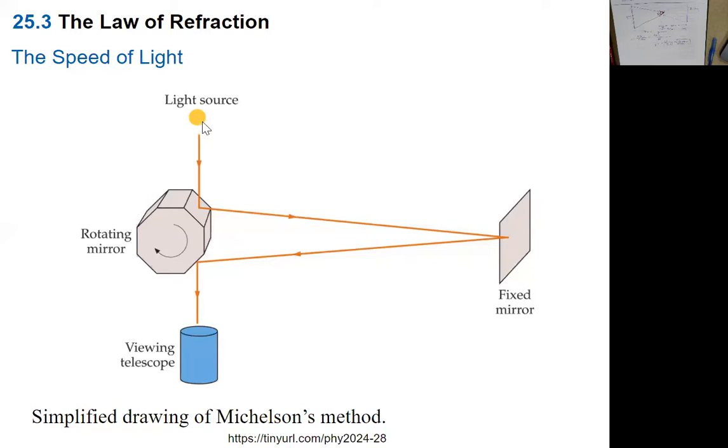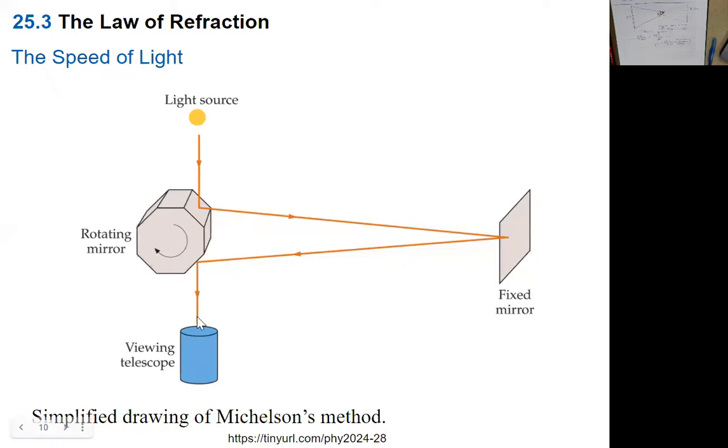So there's a light source, and this is a rotating mirror. Okay, there are mirrors here on each side of this rotating wheel. So light comes out of the light source, and then there's a fixed mirror several kilometers away, and there's a detector to receive that light.